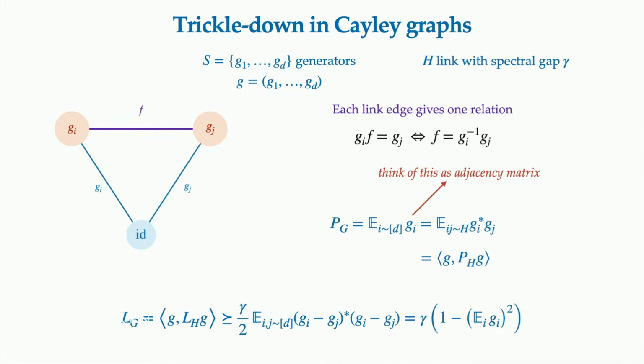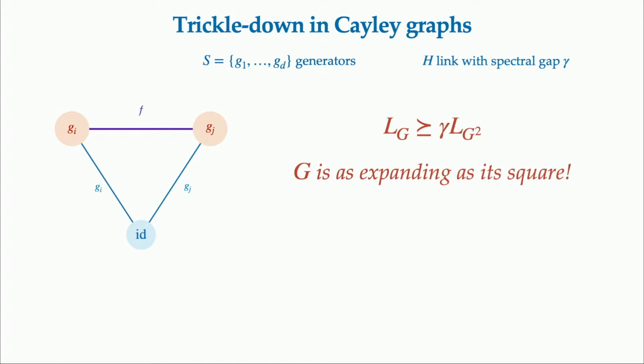But I want to write this in slightly more familiar terminology. This is actually the same as saying that the Laplacian of the graph G is PSD at least gamma, namely the spectral gap of the link, times the Laplacian of the square of G, that is the length 2 walk graph of G. So in some sense, what you should be thinking of this as saying is that the graph G that you started out with is about as expanding as its square.